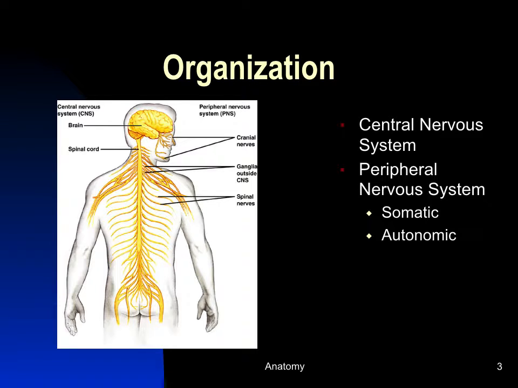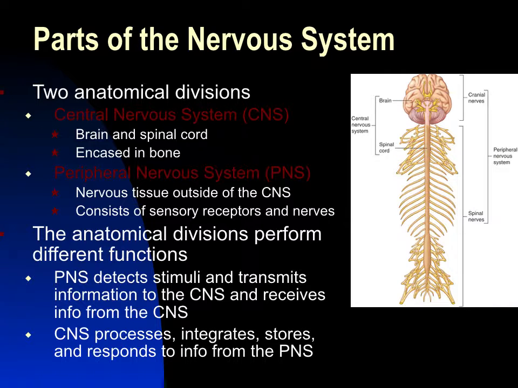And then the motor division is divided into a somatic, which is something we have voluntary control of, and autonomic, which are motor nerves that are involuntary. Okay, so central nervous system, CNS, brain and spinal cord, enclosed in bone, wrapped in membranes, floating in fluid. Peripheral nervous system, nervous tissue outside the central nervous system, sensory receptors, nerves, things like that.